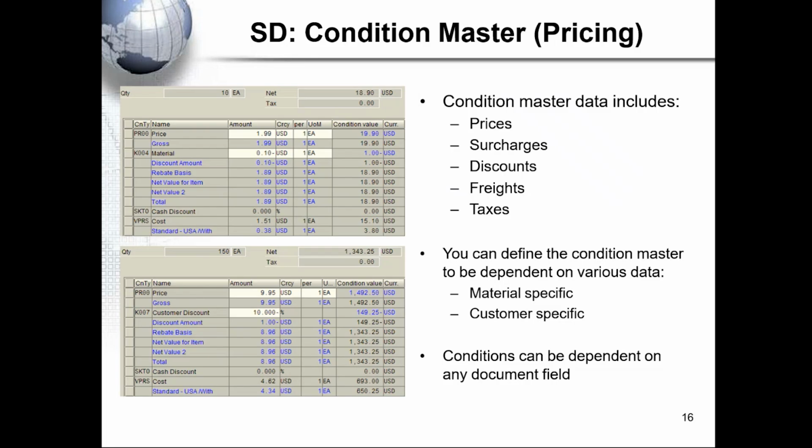Price is material specific and customer specific. With the customer, what material is ordered, the price is different. Dealer, retailer, and wholesaler have different prices. Material X, Y, Z have different prices. So this is the information about pricing elements, and it is stored in the condition master data. Okay.